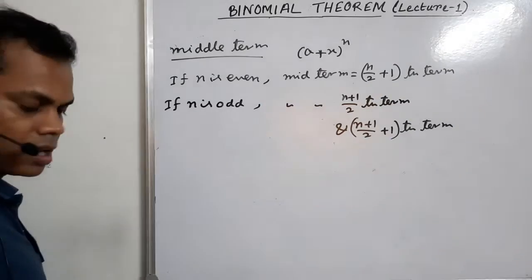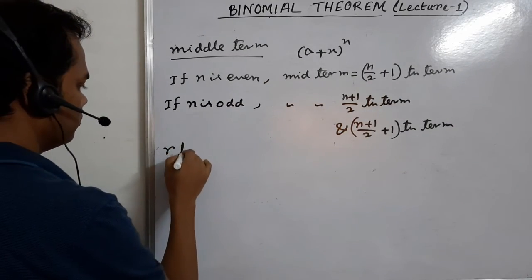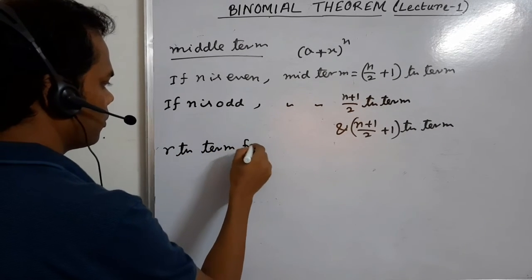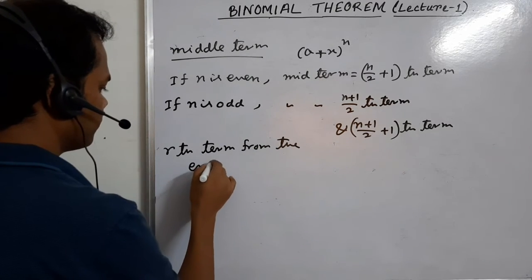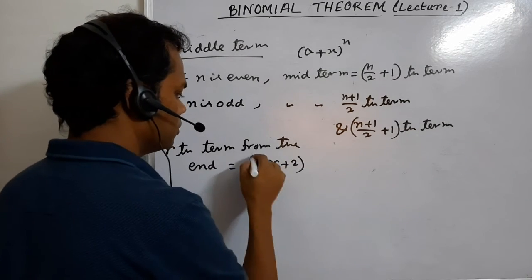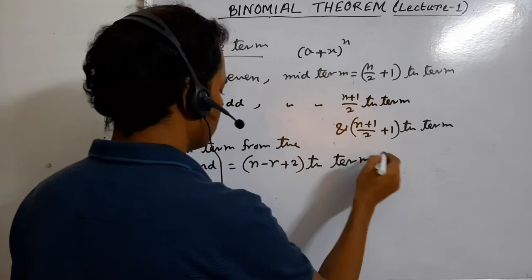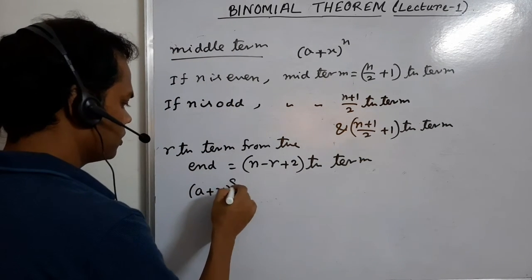Now the rth term from the end. For an expansion, the rth term from the end equals the (n-r+2)th term. For an example, (a+x)^8.